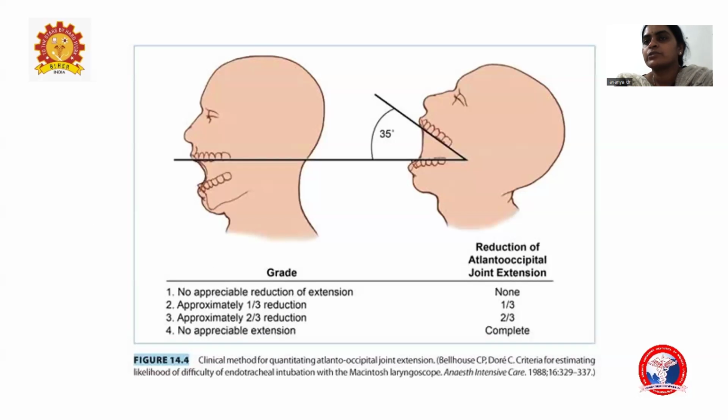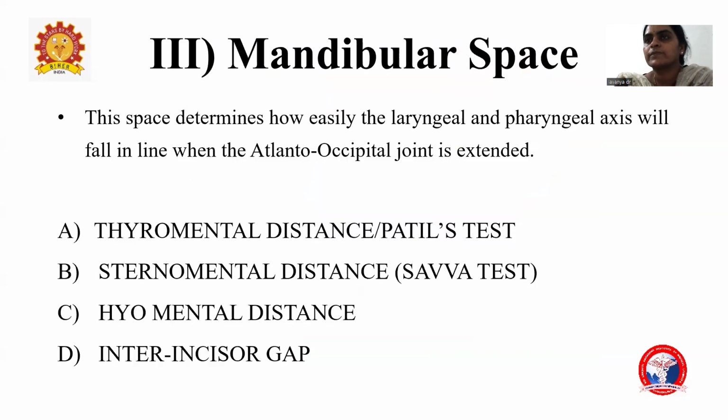If it is reduced to two thirds, there is a reduction of the joint extension by two thirds. With complete reduction there is no extension and no angle. So in this position, the oral, pharyngeal, and laryngeal axis come in a single plane, which can be assessed from the upper edge of the upper jaw teeth.